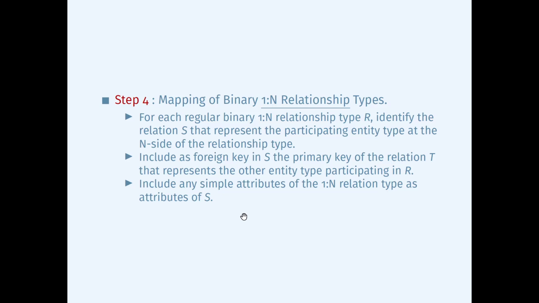Then you get a foreign key in S is the primary key of the relation T, right? And then when you include attributes, you have to use relation type as attribute of S.